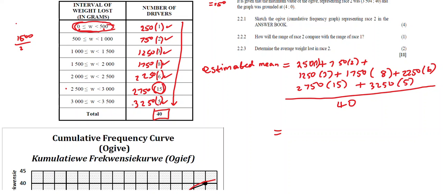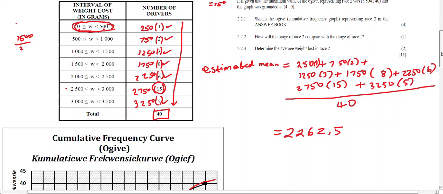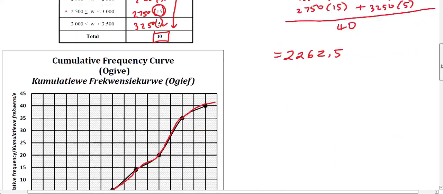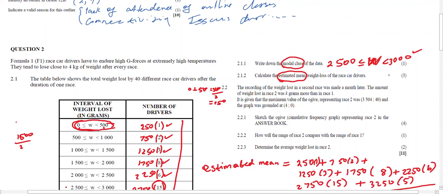This is my answer for the estimated mean, which is 2260. That's 3 marks there.